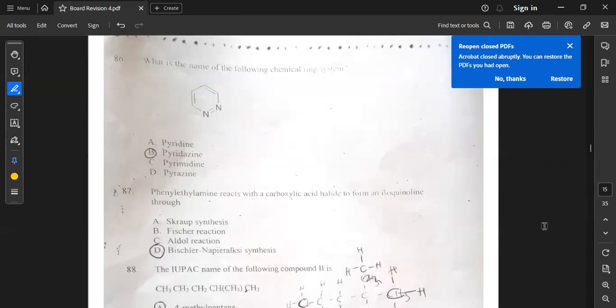It is B. So pyridazine is the name of that structure.